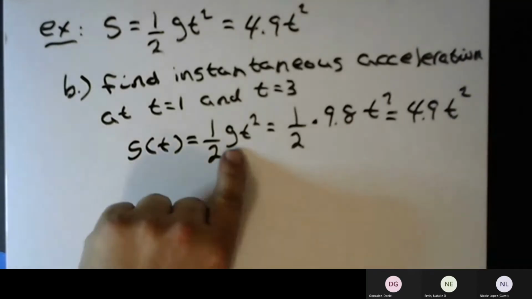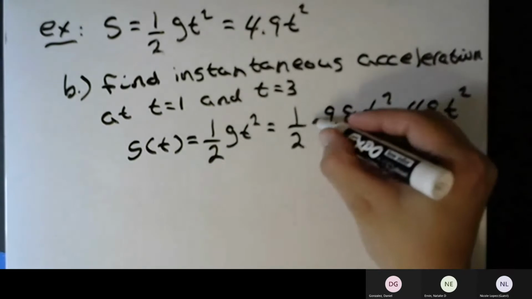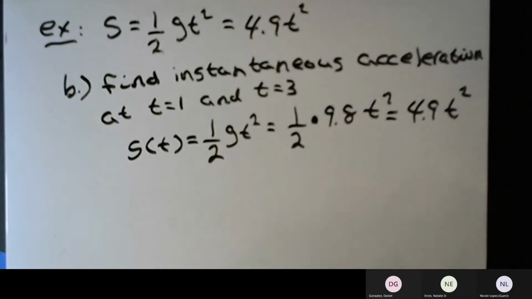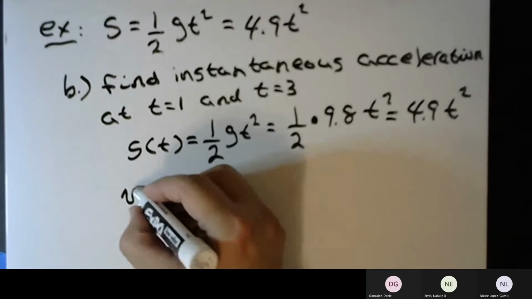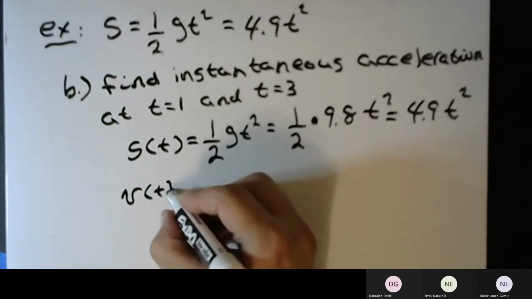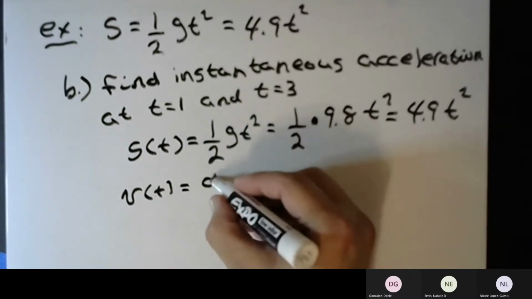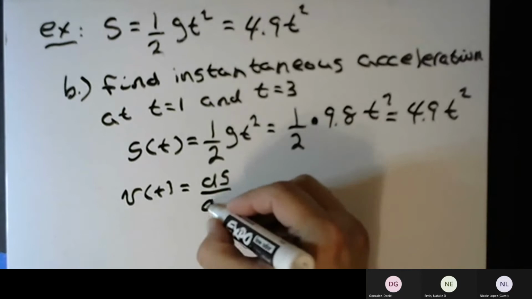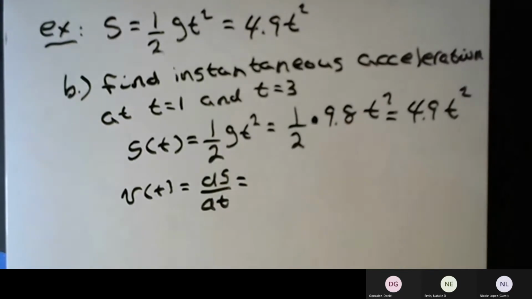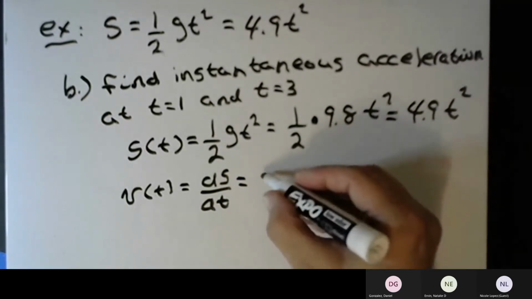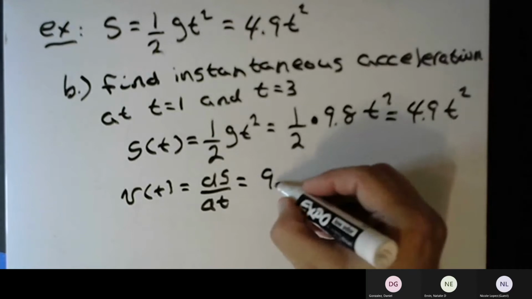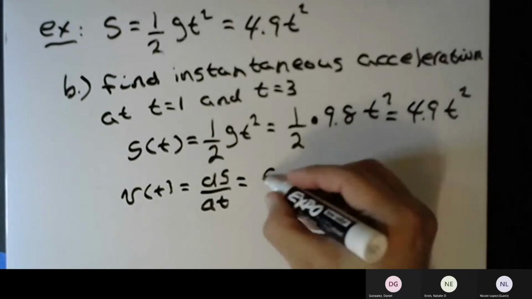So again, keep in mind, g is going to be 9.8. So the velocity, which is the derivative of position with respect to time, well, that's going to turn out to be d dt.